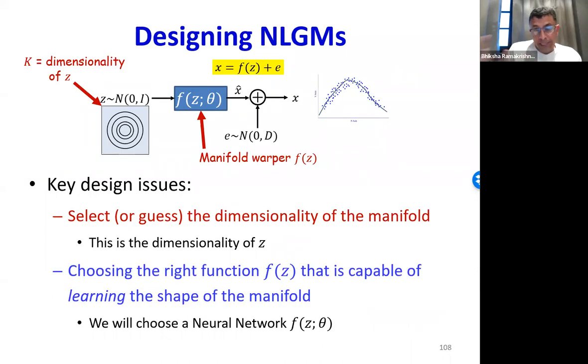So when I'm designing the NLGM, what am I going to do? I'm going to guess the dimensionality of this manifold. I'm going to choose the function f. This is to answer the other question that we came up with. This is the manifold warper. And for this, we are going to use a neural network. And then we're just going to use our standard EM algorithm to learn everything, right? So does this make sense, guys?